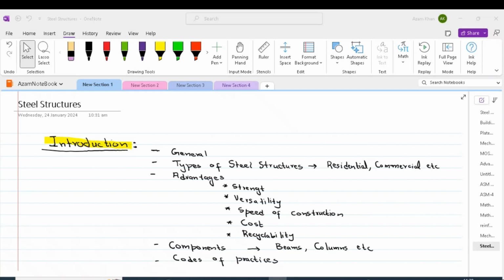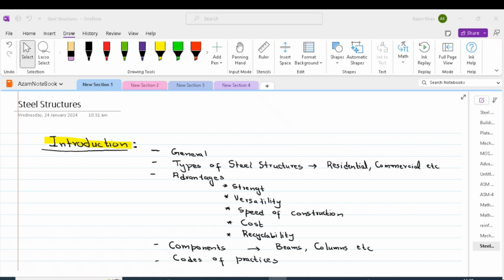Steel structures can be found in various forms and applications, ranging from small scale residential buildings to large scale industrial facilities. There can be different types of steel structures, such as residential buildings, commercial buildings, industrial buildings, bridges, high rise buildings, stadiums and arenas, agriculture buildings, and so on and so forth.